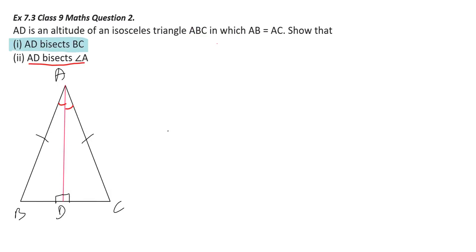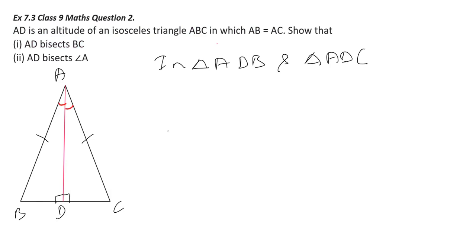So it's a very simple question where we will be proving two triangles congruent. Needless to say, what are these two triangles? We'll consider triangle ADB and triangle ADC. We have AB equal to AC, which is given as it is an isosceles triangle with these two sides equal.